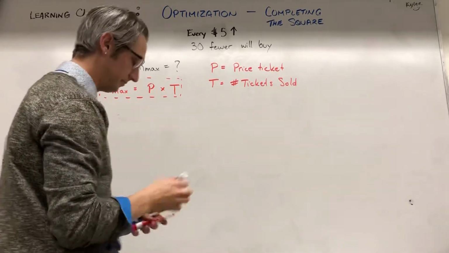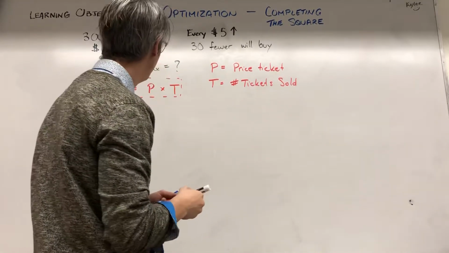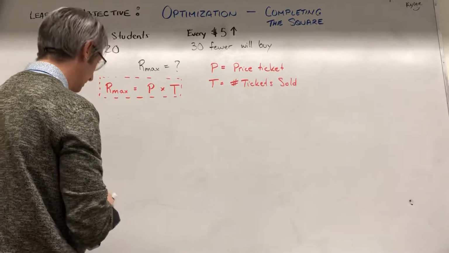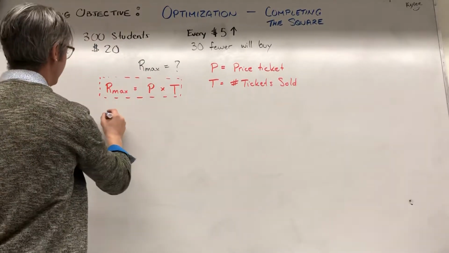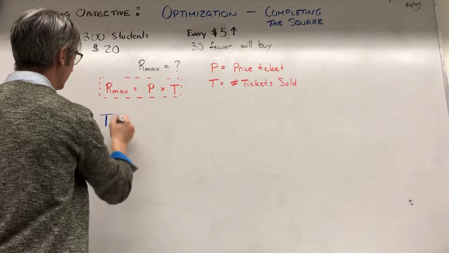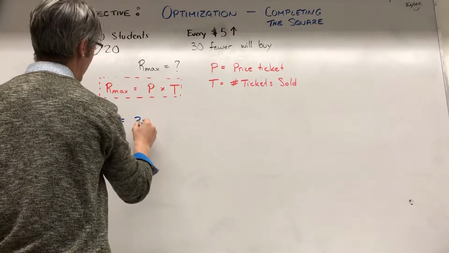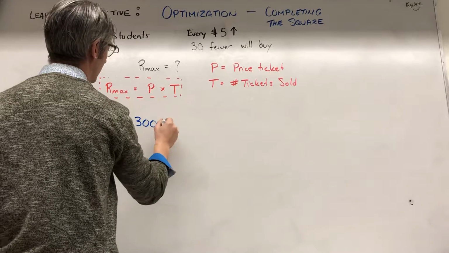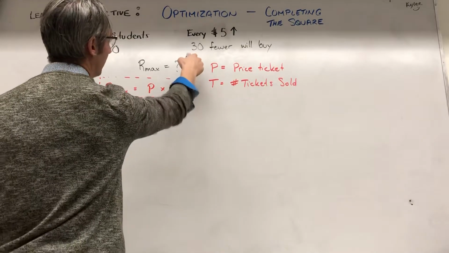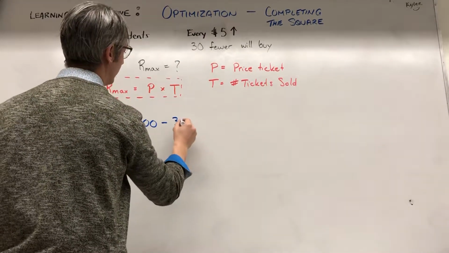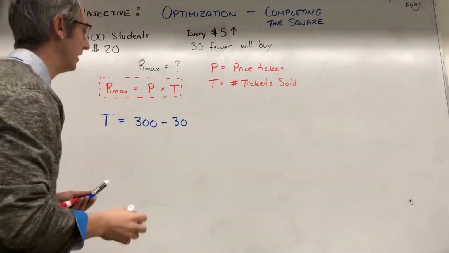So what this means is, and I'll use blue for this, our total tickets sold is going to be equal to whatever we're starting at, 300, minus, we're losing 30 for every $5 increase. So how do we write that?